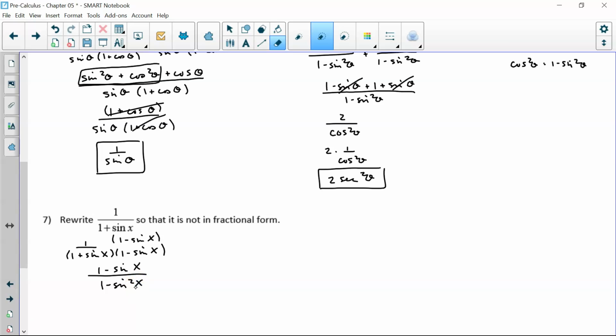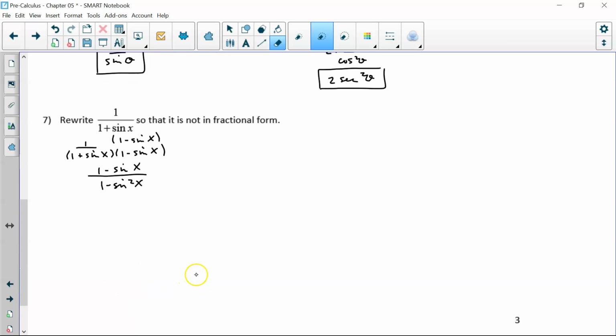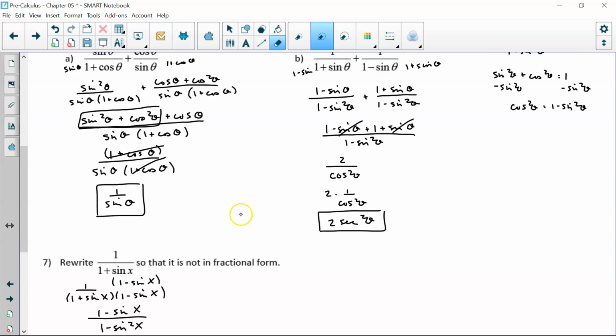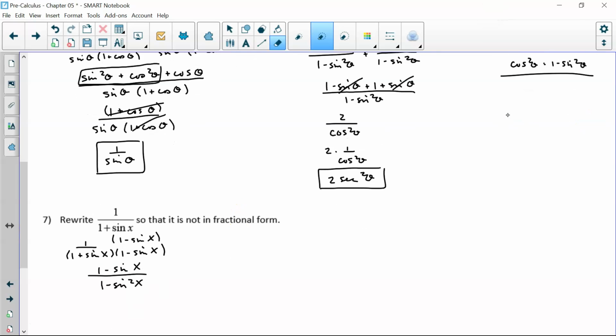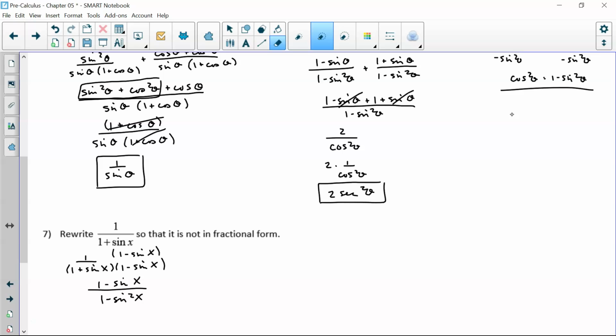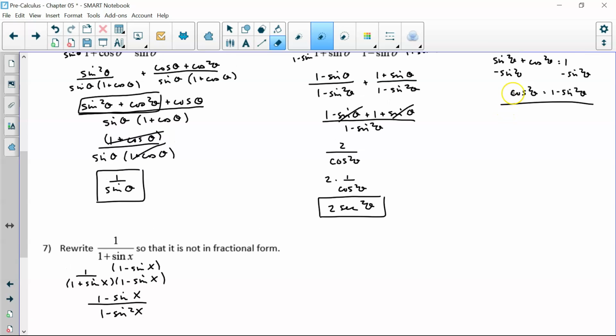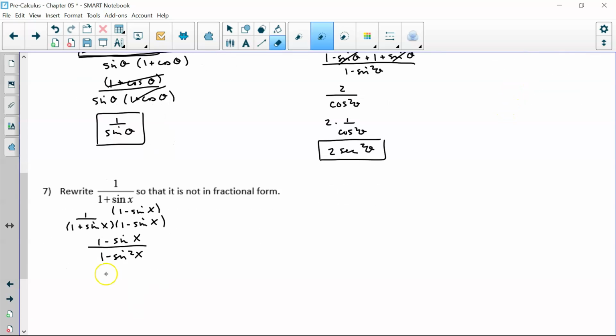We just did this in the last problem. As we saw above, instead of writing 1 minus sine squared of x, we can put cosine squared. So we'd end up with 1 minus the sine of x over the cosine squared of x.